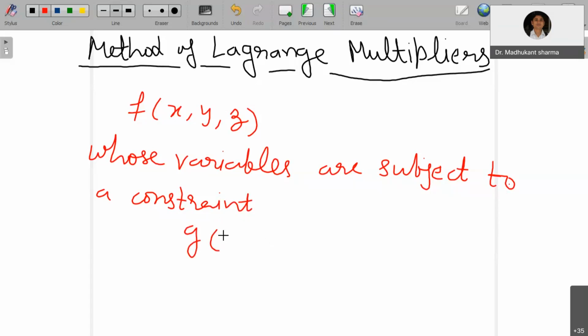It should satisfy some equation G of x, y, z equals 0.